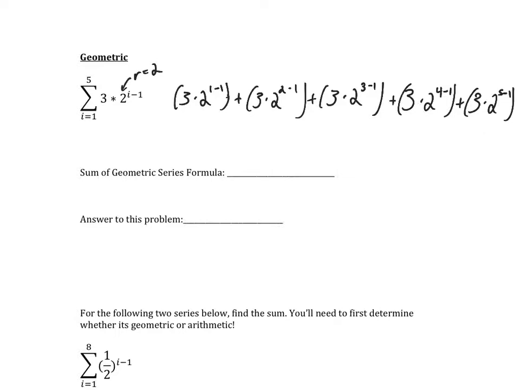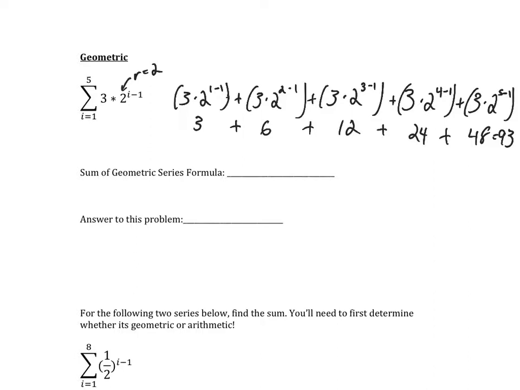So there are the first 5 terms. You'll see that this is 3, this is 6, this is 12, 24, 48. Plus, plus, plus, plus. And you'll realize that all comes out to 93.